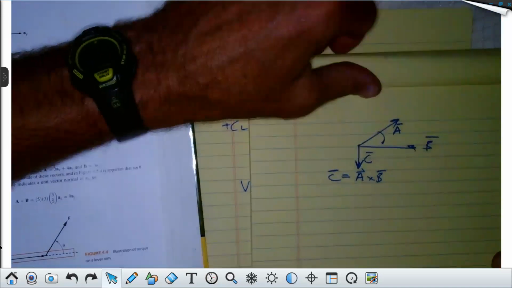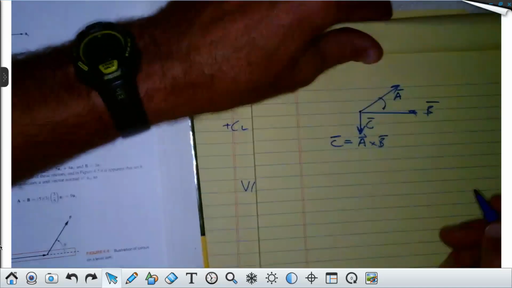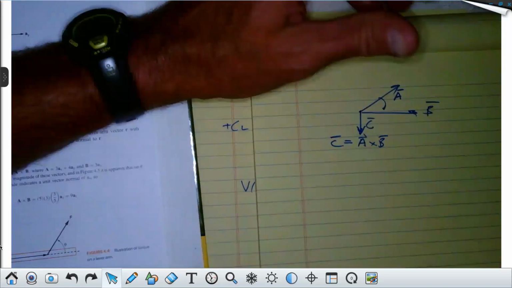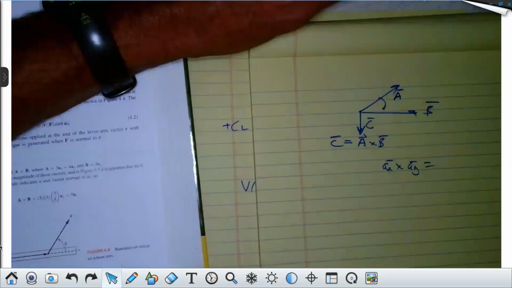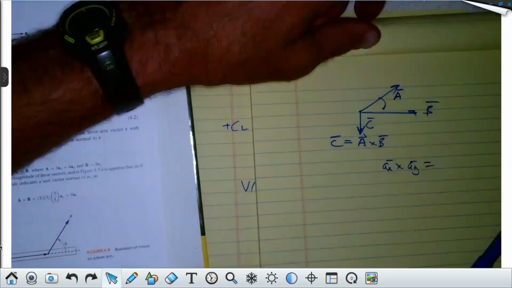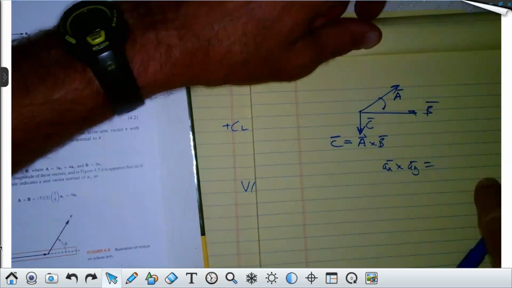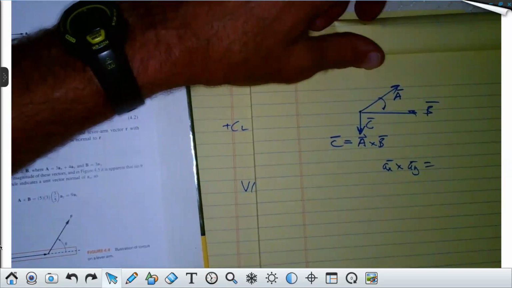Now, mathematically, we could go through the crossing operations in every coordinate system, but what does your instinct say? A_x cross A_y is what? Just do it. A_z, right? Isn't it?